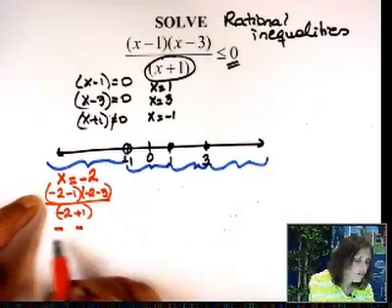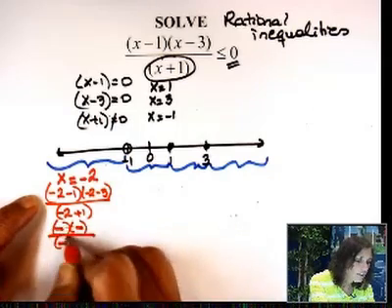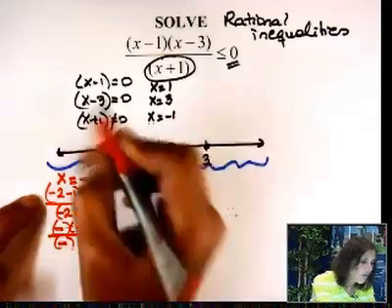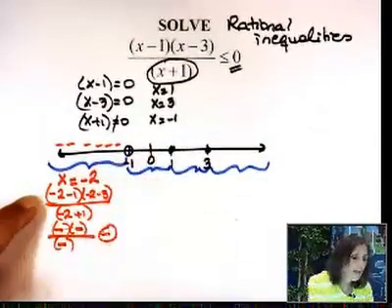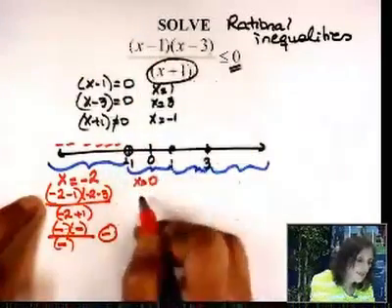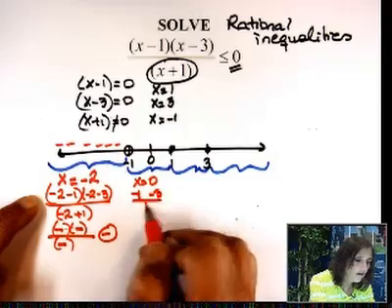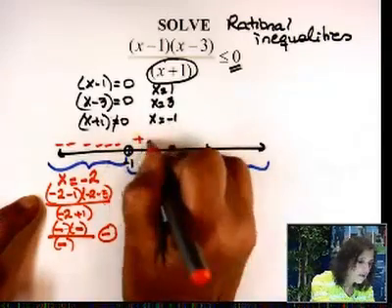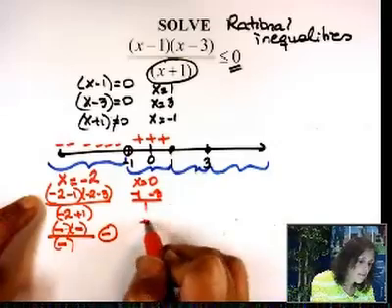This one gives me negative, this one negative, and this one negative as well. 3 negatives is going to give me a negative. So it's going to be negative here. Between negative 1 and 1, let's put 0. I will get negative 1, negative 3 over 1. Negative, negative, that's a positive. So that's going to give me a positive.